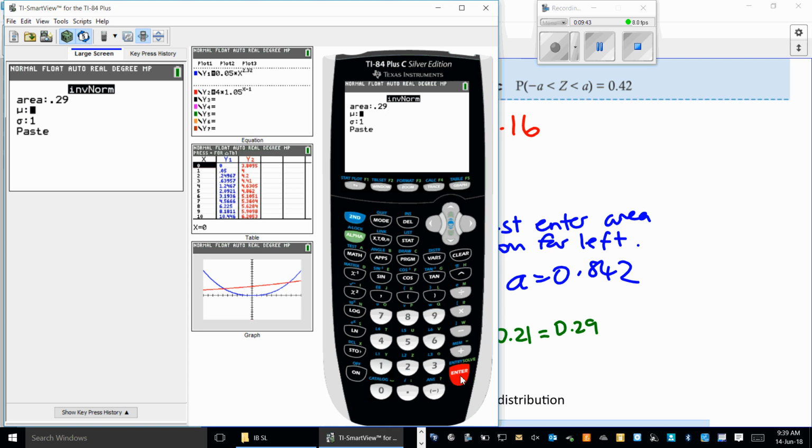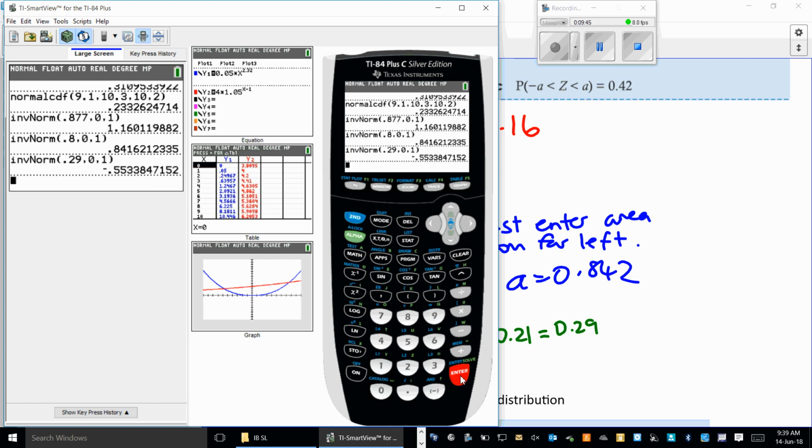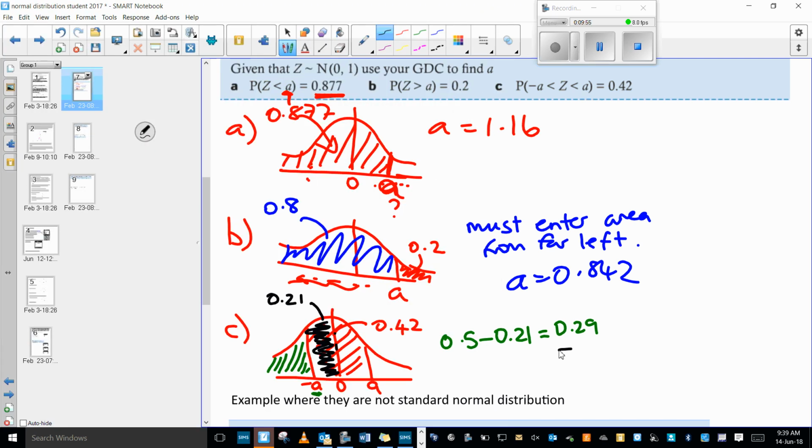And as we expected, it's a negative answer, negative 0.553, which means that A itself is 0.553.